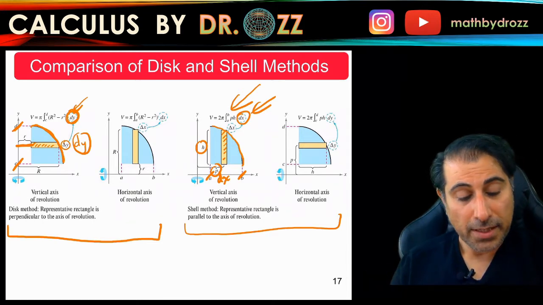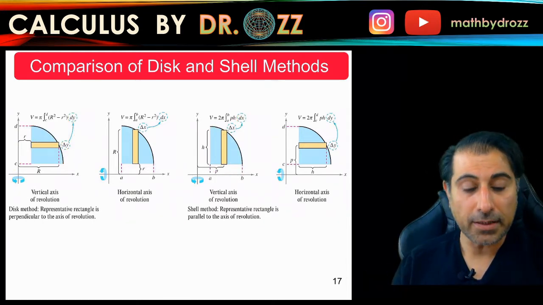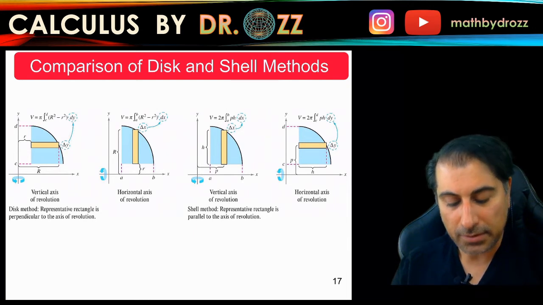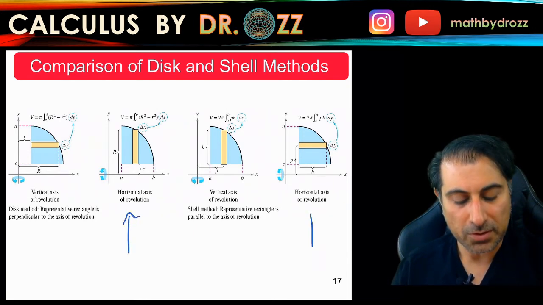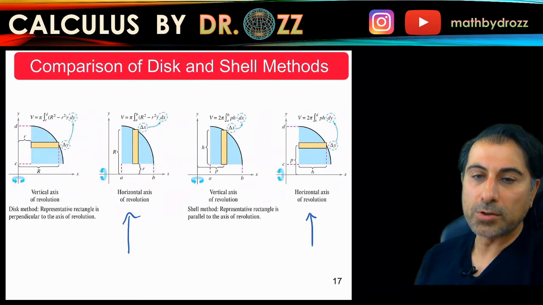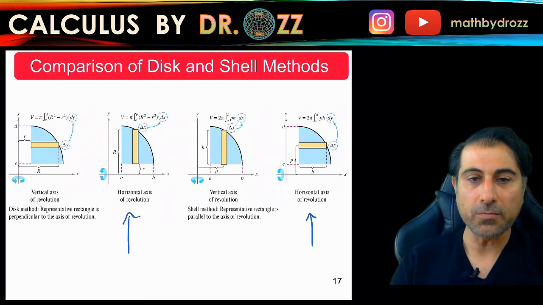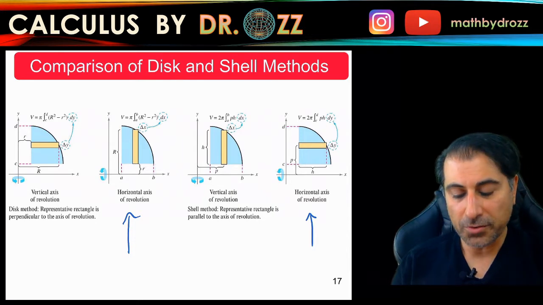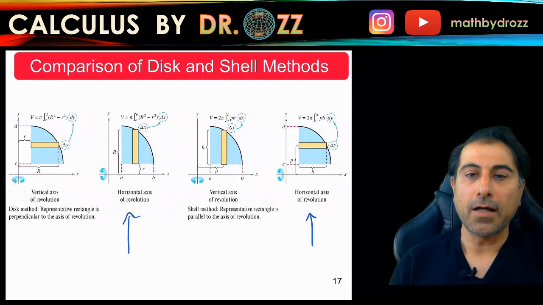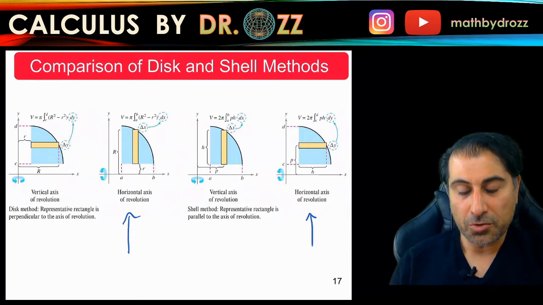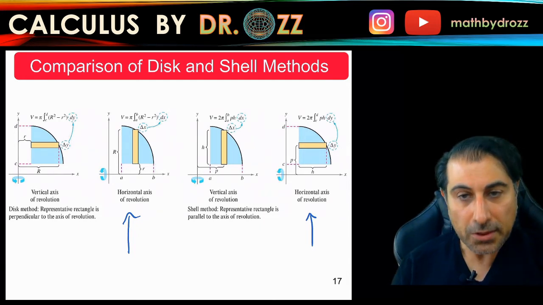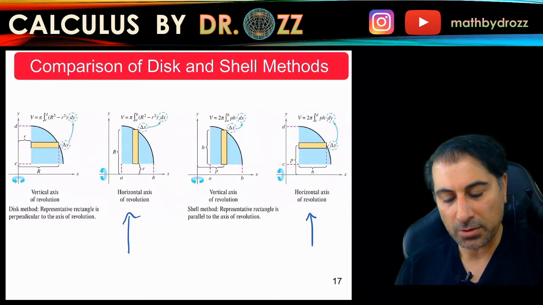Now let's look at the other two. Let's stare at this one and this one because these are both horizontal axes of revolution. In one case we use the disk method, in the other one we use the shell method. If you use the disk method, again, the way we choose the rectangle is that it has to be perpendicular to the axis of revolution, and here is the representative rectangle.